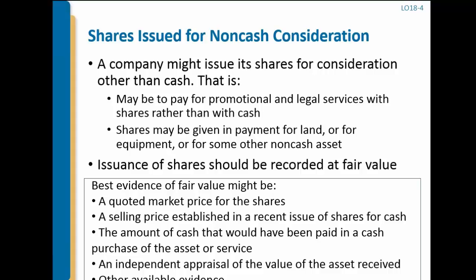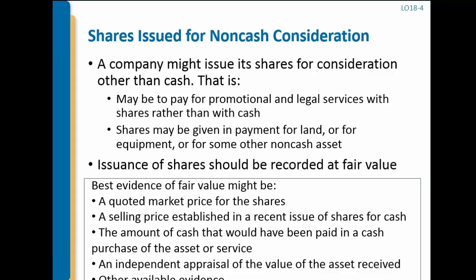So the issuance of shares should be recorded at fair value. The best evidence of fair value might be the quoted market price of the shares, a selling price established in a recent issue of shares for cash, the amount that would have been paid in cash for the purchase of the asset or services, or an independent appraisal of the value of the asset received, or other types of evidence.